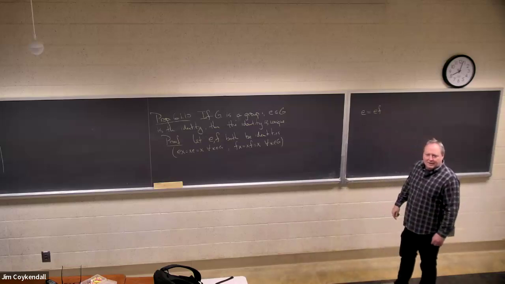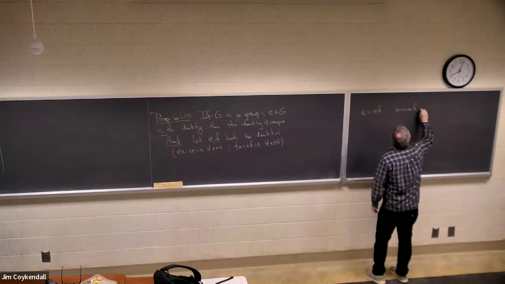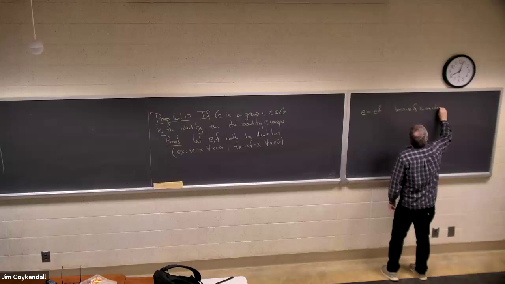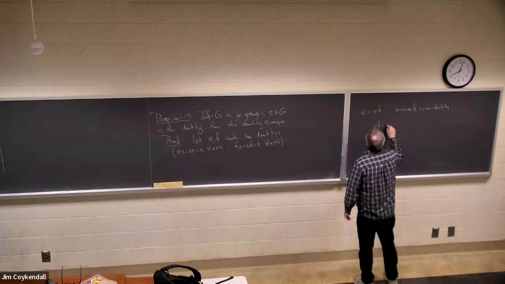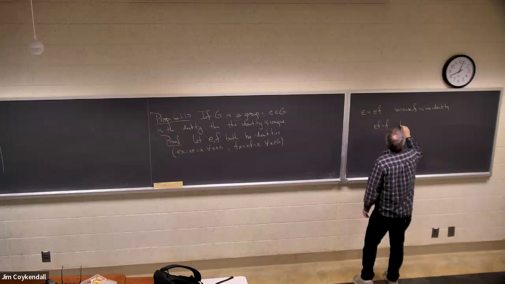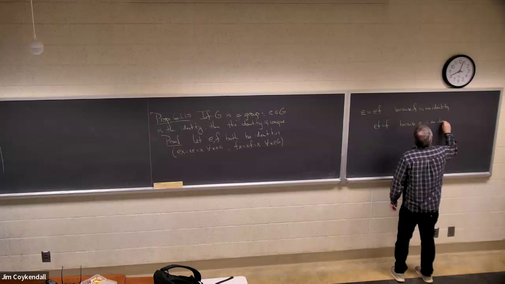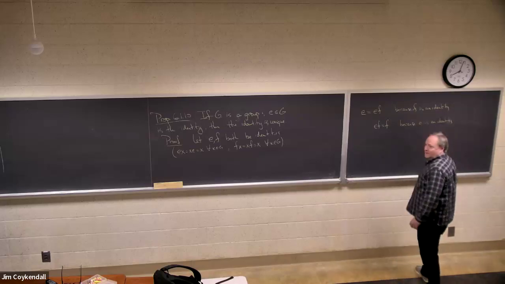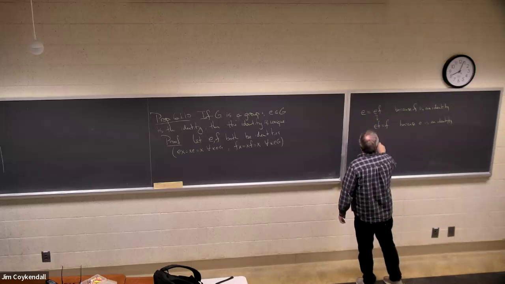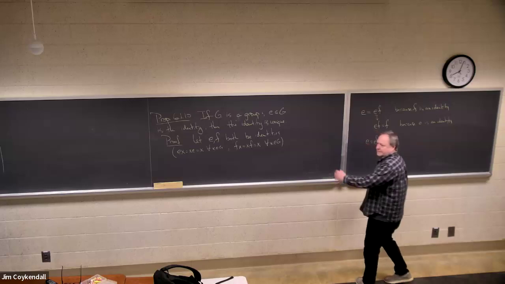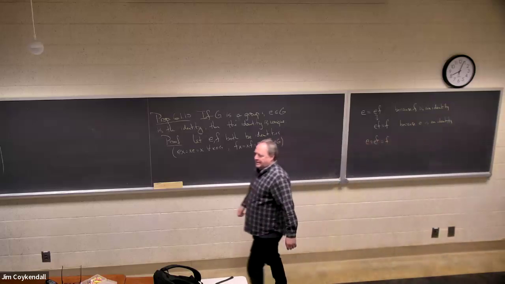E equals EF because F is an identity. But now EF is equal to F because E is an identity. Right? And don't feel silly. There's only one identity.